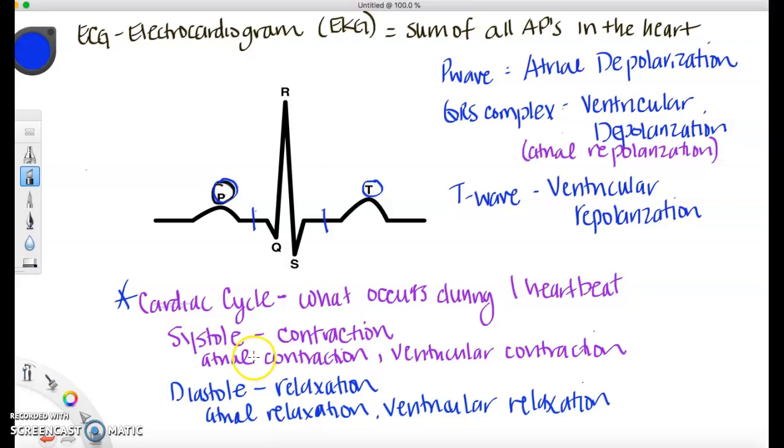So all of that occurs in one heartbeat, and we can monitor that with the EKG, the sum of action potentials. So we'll also look at volume changes, pressure changes, and maybe even heart sounds with it.